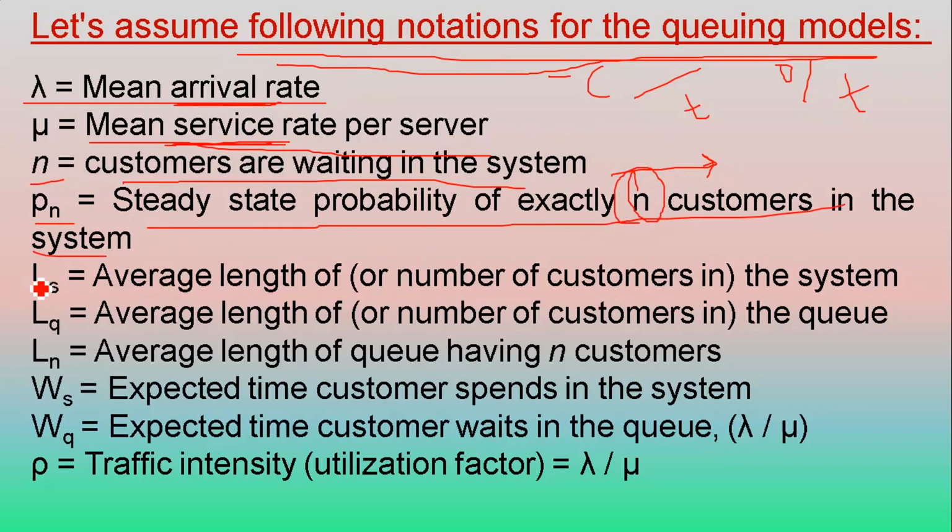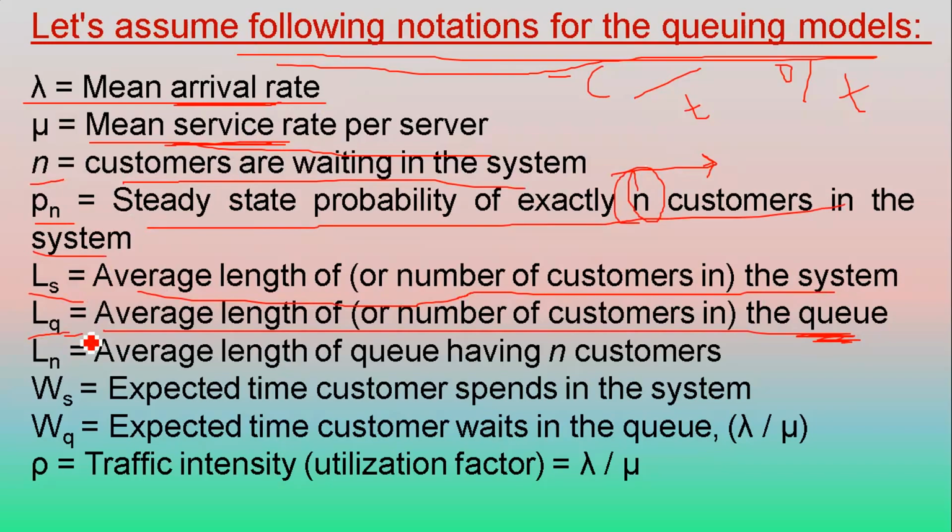Then next is Ls. Ls is nothing but average length of, or number of customers in the system, right? Then Lq is average length of the queue.